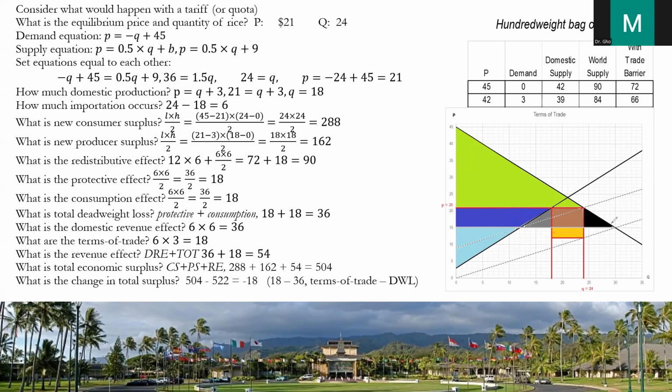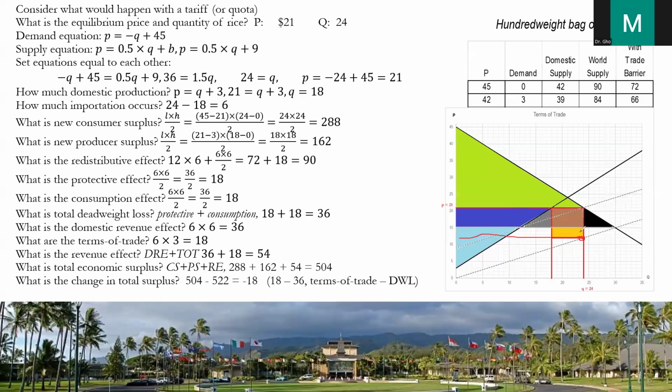We're at 15. If you take the world supply curve and you plug in 24, that will give you this value right here, which is, let's see, you plug in 24, and it looks like about 12.